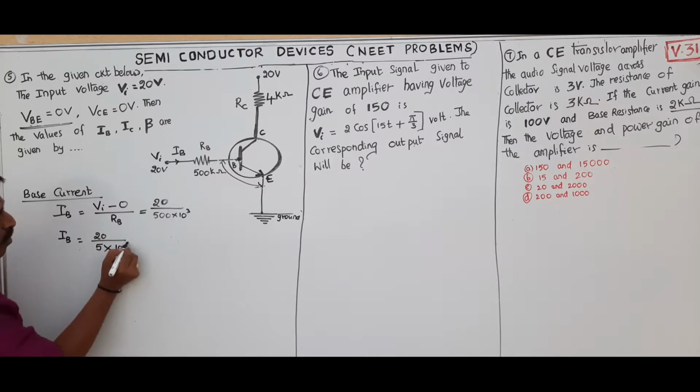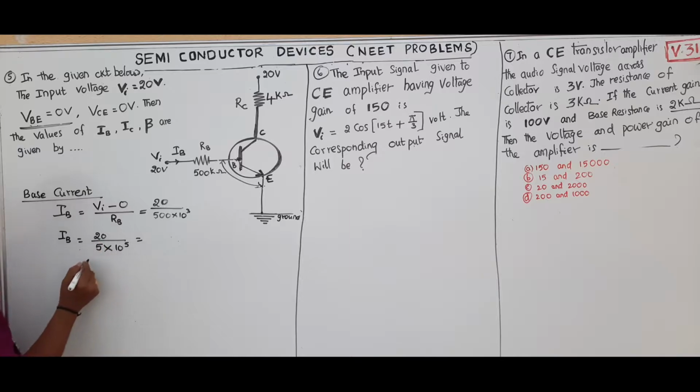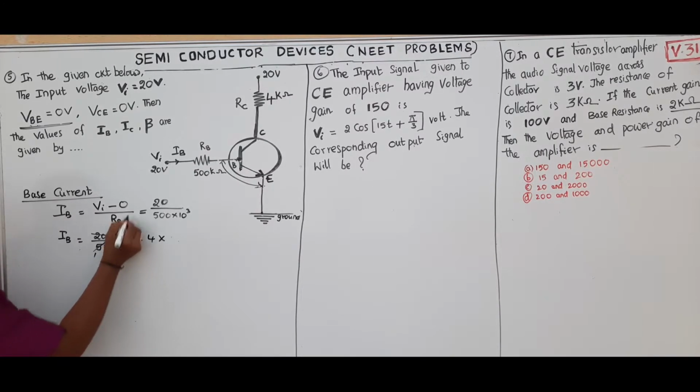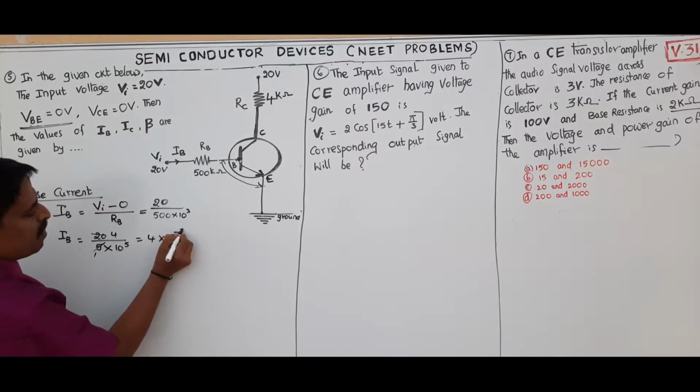So IB is 20 by 5 into 10 power minus 5, as 10 power 5 goes to the numerator.